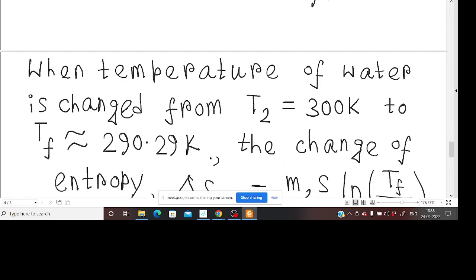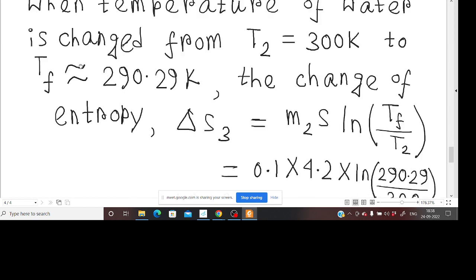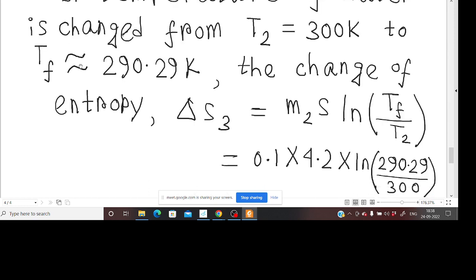Again, now this is the third process. Here water from 300 Kelvin is brought to 290.29 Kelvin, the final temperature Tf. Now what will be the change of entropy? Again you use the same formula, m2 into S into log Tf by T2, where m2 is the mass of water which was initially at 300 Kelvin, Tf is 290.29, and T2 is 300 Kelvin.